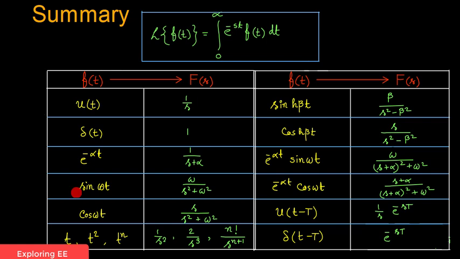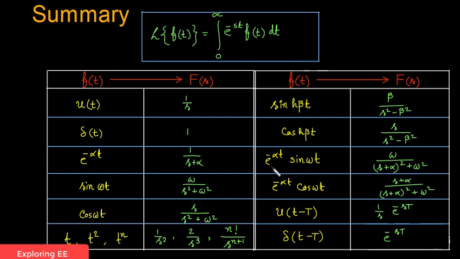Sinusoidal function with frequency omega, sin omega t, omega by s square plus omega square, cosine omega t, s by s square plus omega square. Ramp function, parabolic function, t to the power n function are given by 1 upon s square, 2 by s cube, factorial n by s to the power n plus 1 respectively.